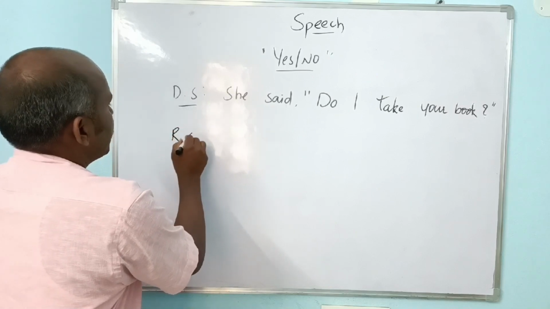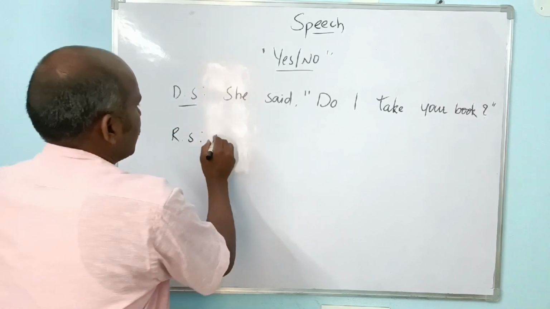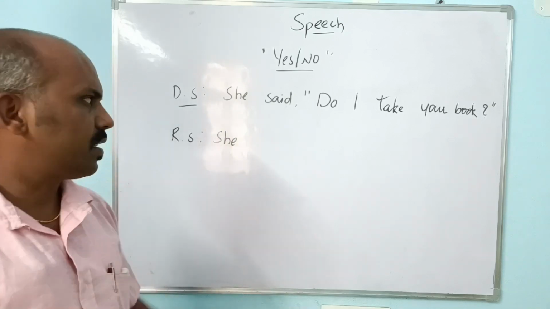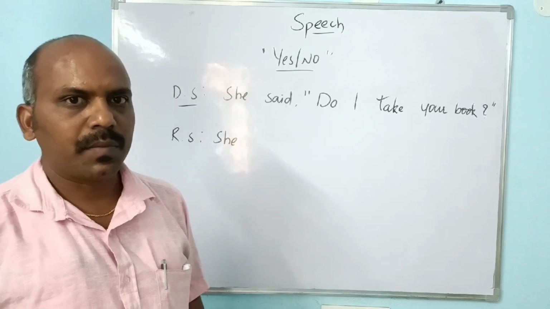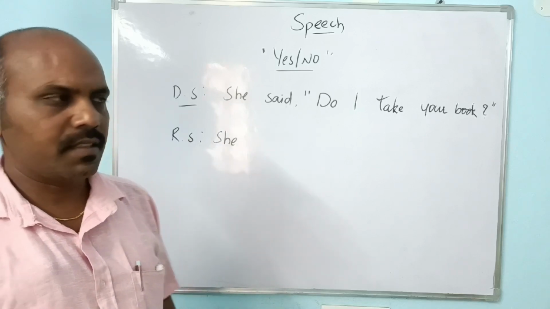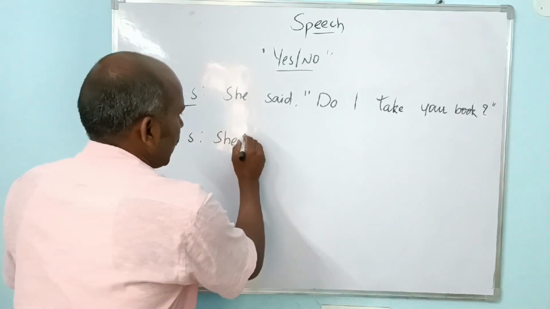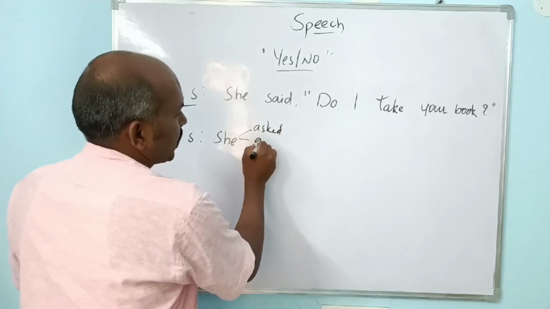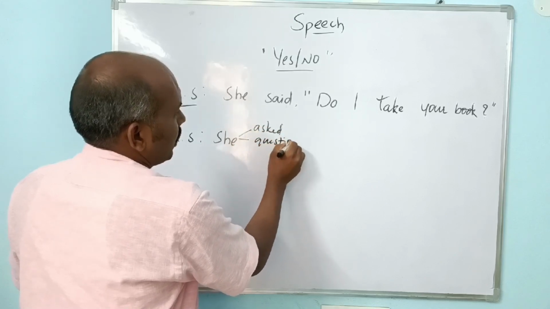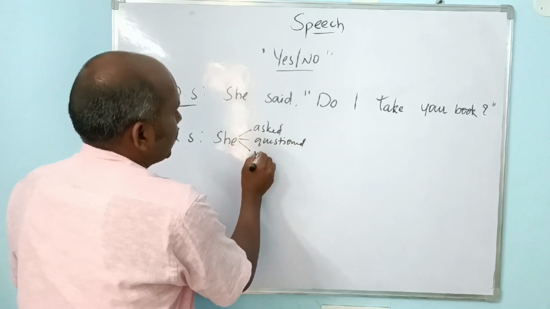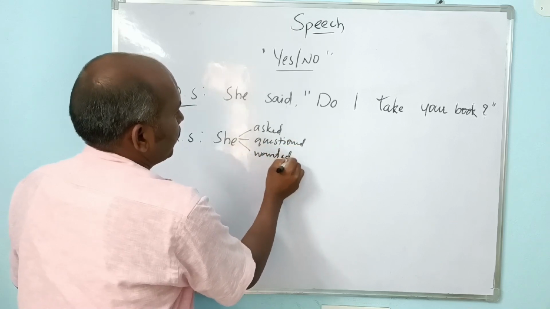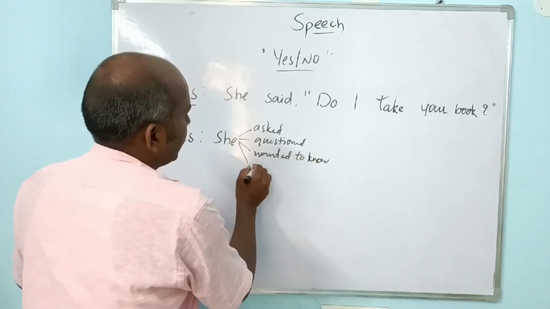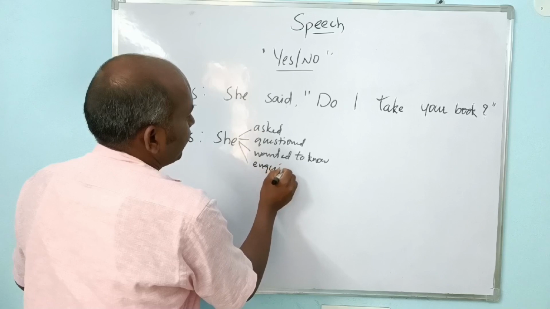In reported speech, it changes into she. In the previous statements, said became said that. But here, for yes or no questions, the verb must be asked, questioned, wanted to know, or inquired.